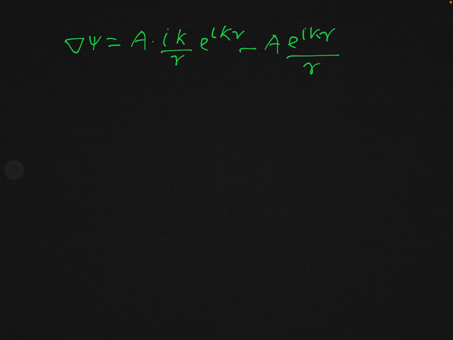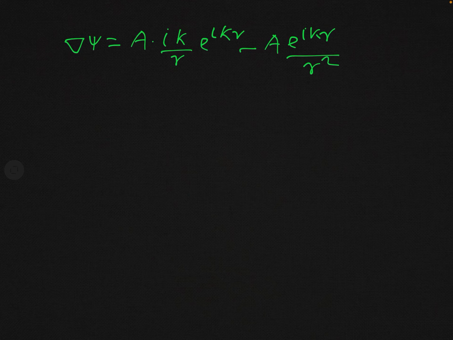Now you can differentiate it, and we will find that del psi is equal to a into ik over r into e to the power ikr, minus a into e to the power ikr over r square.